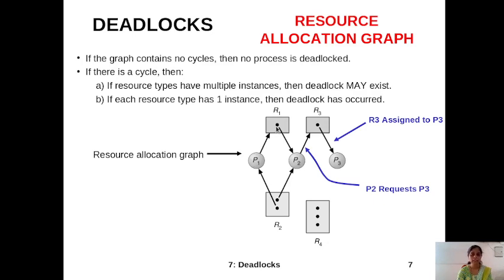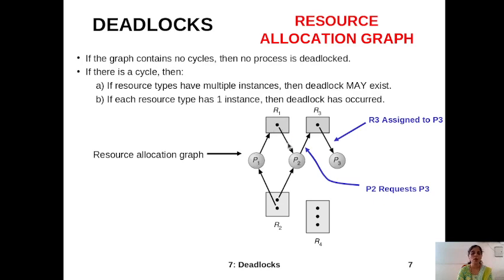R1 has a single instance, R2 has 2 instances, R3 has a single instance and R4 has 3 instances.